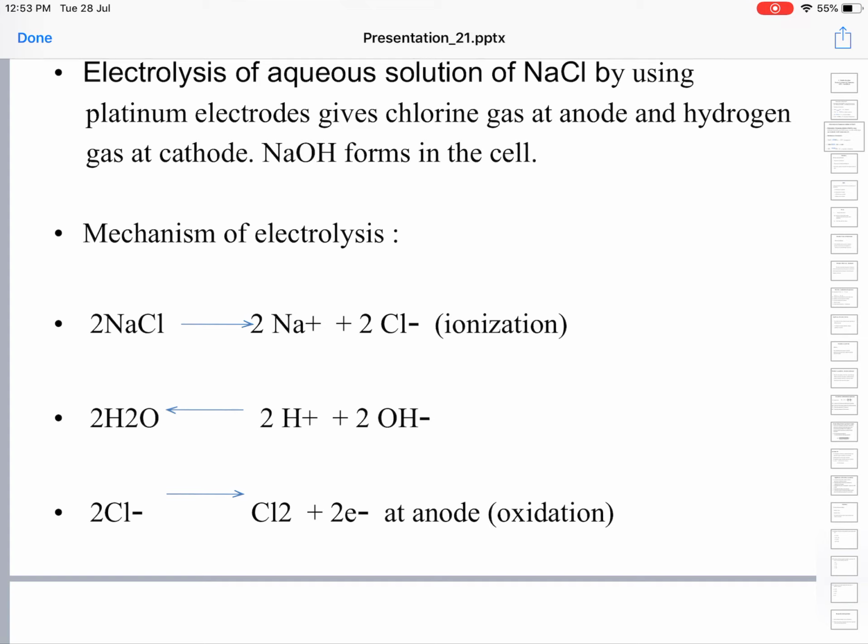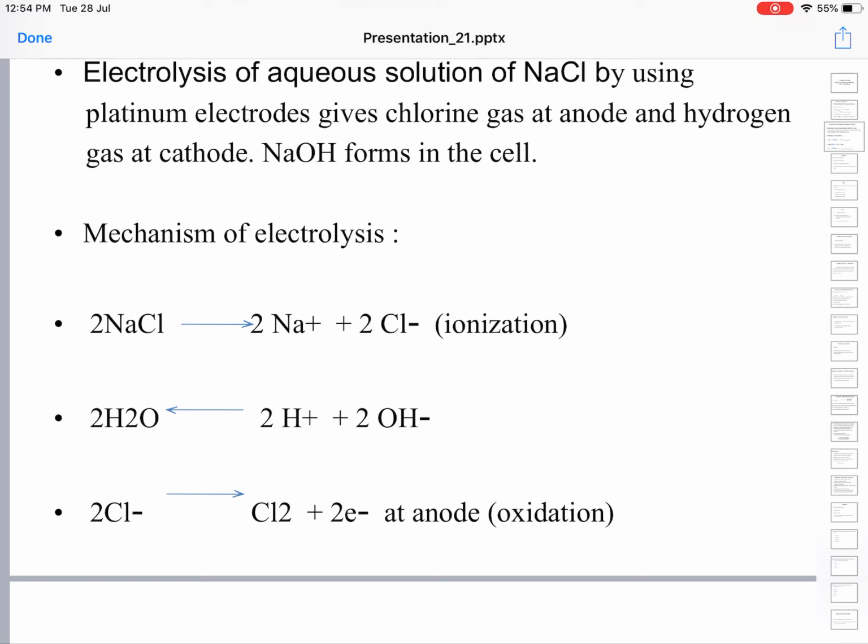According to this rule, between chloride ion and hydroxyl ion, chloride ion has a lower discharge potential.